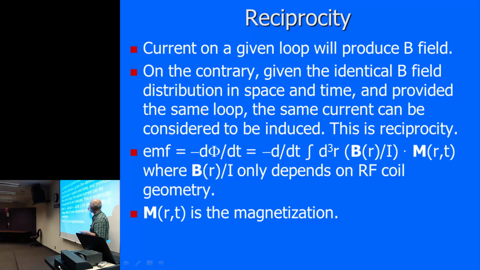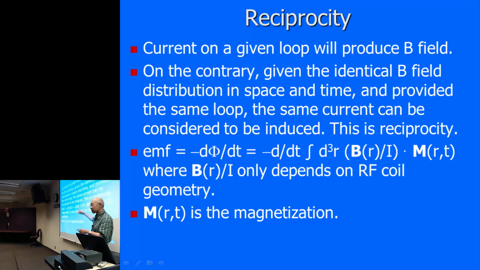And then the question is, what's this portion? Well, this portion is basically the B field in the RF coil. Now this RF coil is not the transmitting coil.